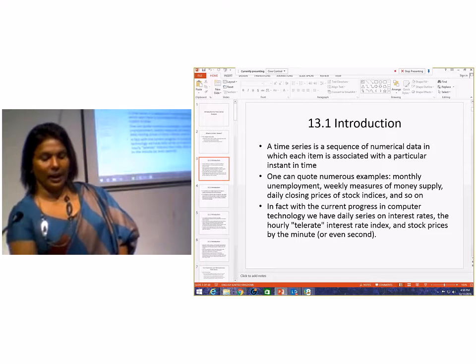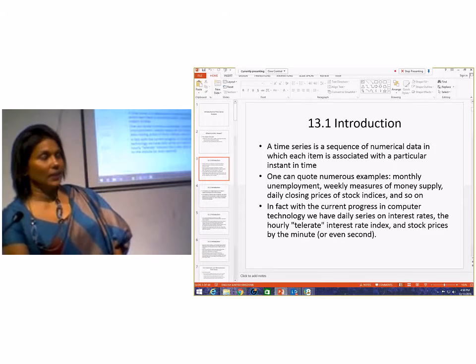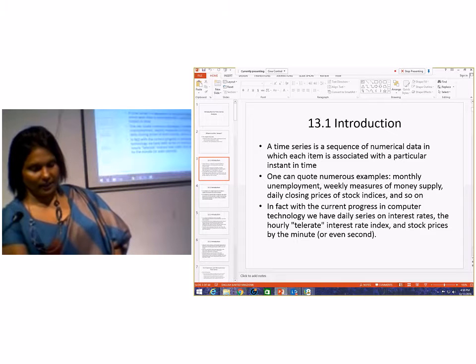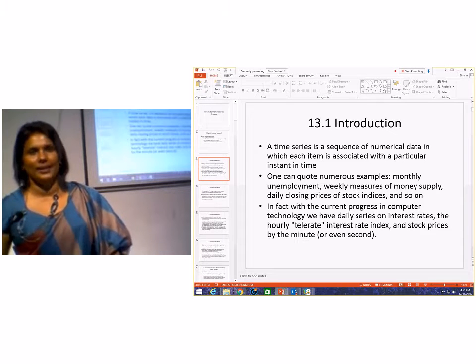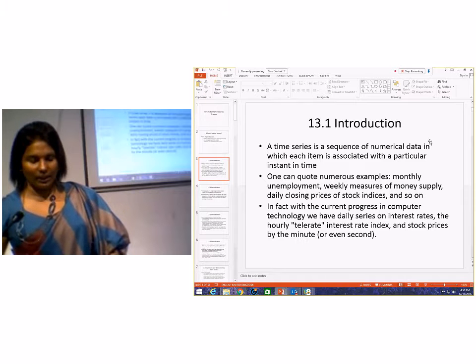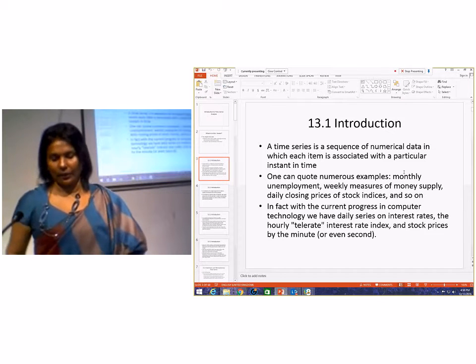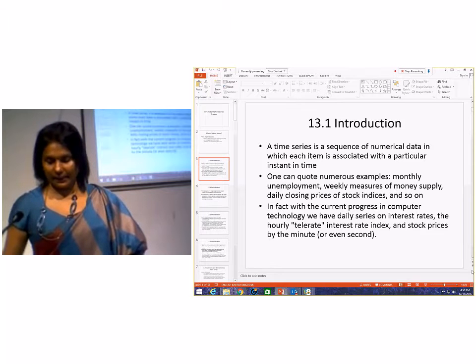With current progress in computer technology, we have daily series of interest rates, stock prices, and exchange rates. We have daily data, monthly data, quarterly data, and annual data. Those data we call time series data.